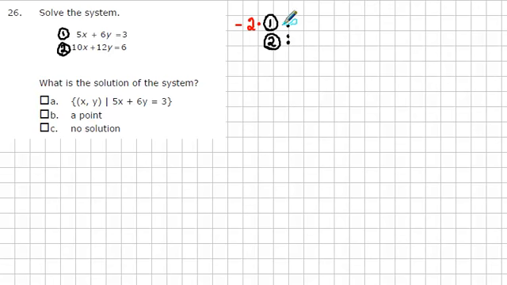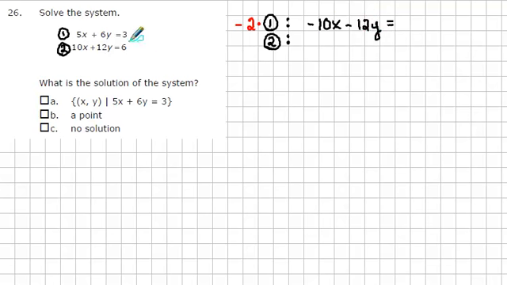Now when we say we're multiplying an equation by some number, what that means is that we're multiplying each term in the equation by that number. So we need to multiply 5x by negative 2, and that gives us minus 10x. We need to multiply 6y by negative 2, and that gives us minus 12y.